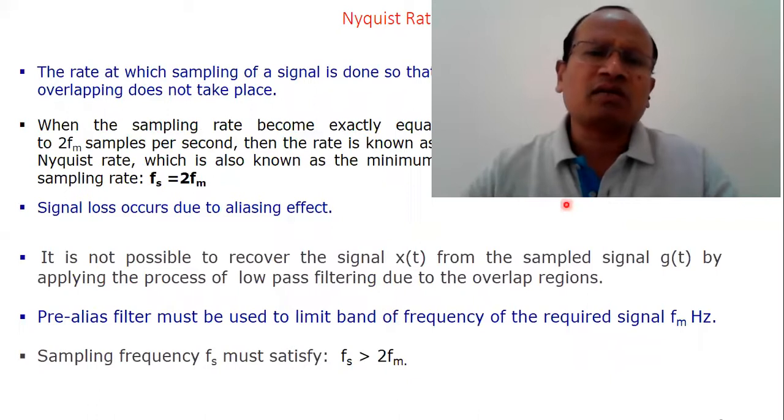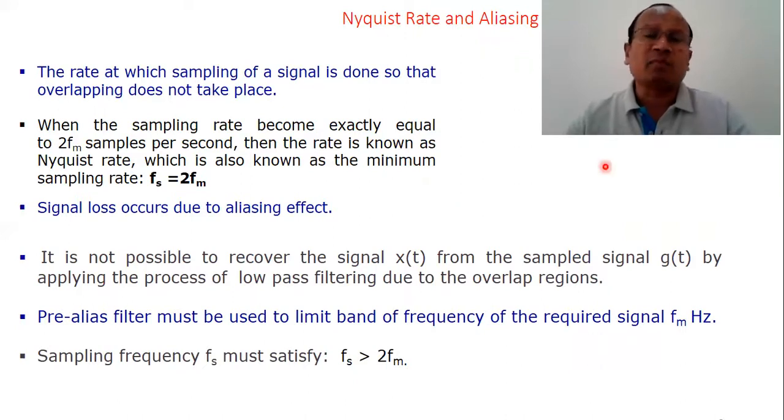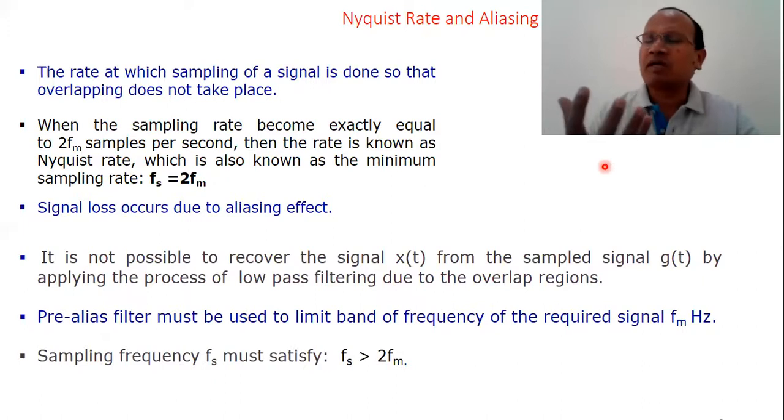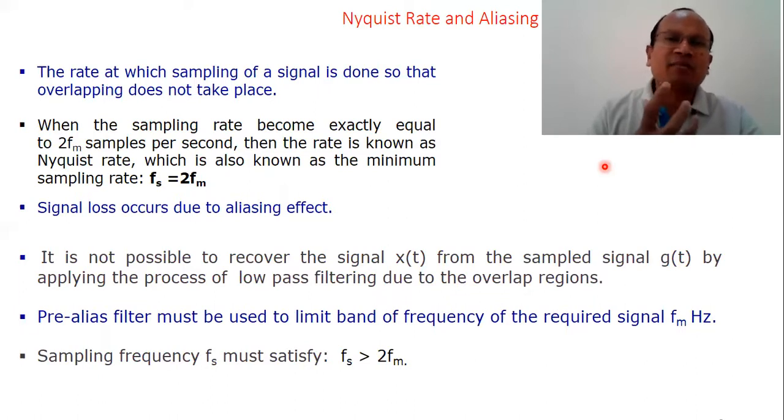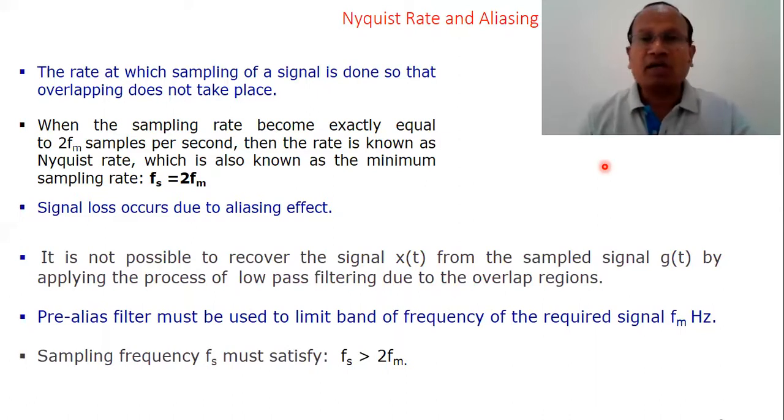So there is one more important thing when we discuss sampling or quantization or any type of PCM, DPCM. Sampling is a very common phenomenon that is used. So wherever sampling is used, Nyquist rate is an important term. What is Nyquist rate? Whenever we apply sampling in any signal processing task, the sampling theorem must be observed.